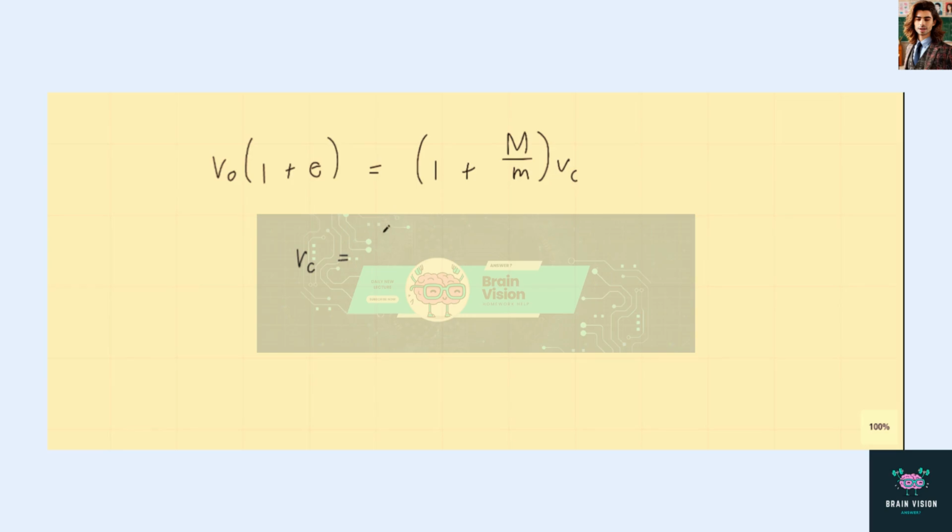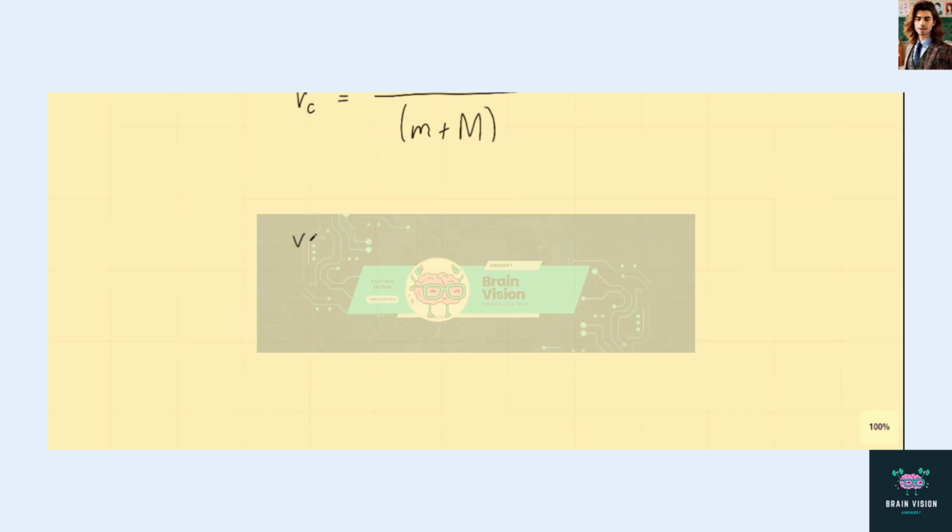If we rearrange this equation, vc is v0 into 1 plus e times the mass of the ball, little m, over little m plus big M. And so if we know the masses and the initial velocity, we can calculate vc, the speed of the cart after the first collision, with this equation.